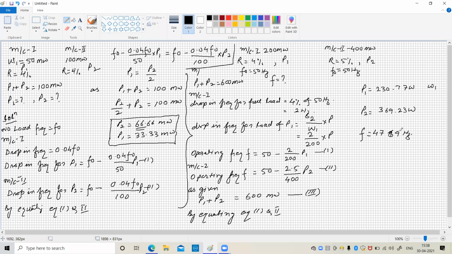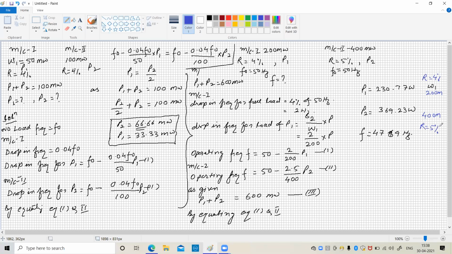So now our conclusion is that in this case, the capacity of the first machine is 200 megawatt, whereas the capacity of the second machine is 400 megawatt. The drooping characteristic of the first machine R is equal to 4%, and that of the second machine is 5%.